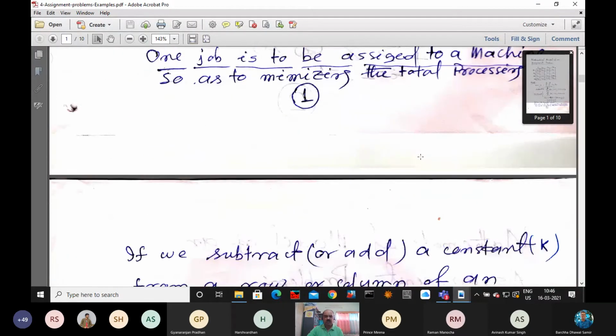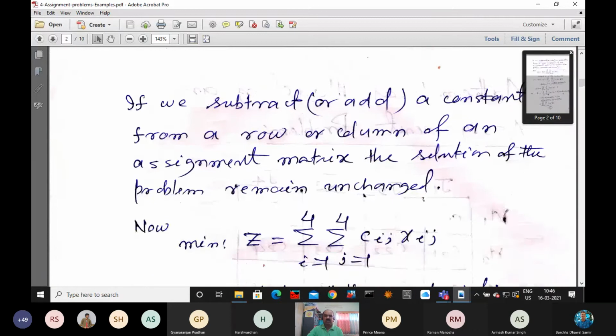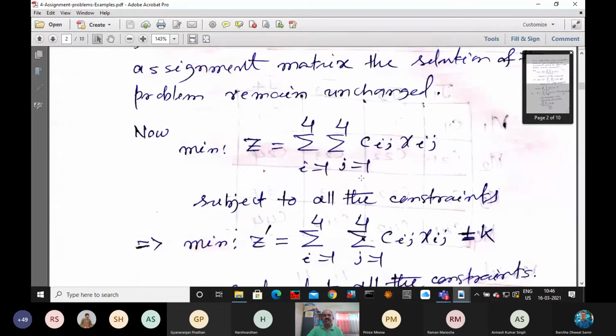Now if I am subtracting or adding a constant k, the objective function, which was earlier z, will now be z dash, summation over i and summation over j, cij xij plus or minus k.